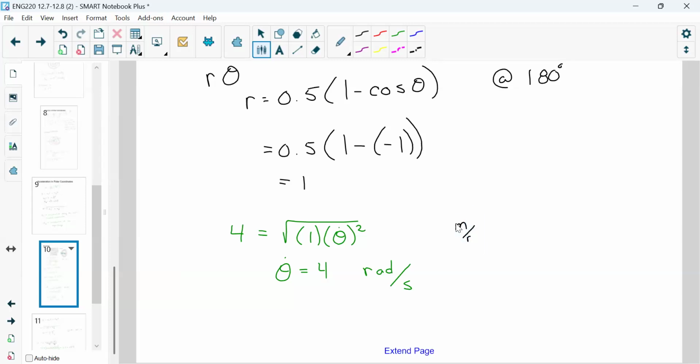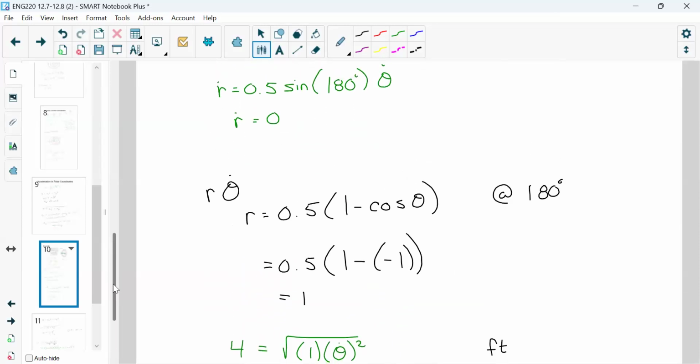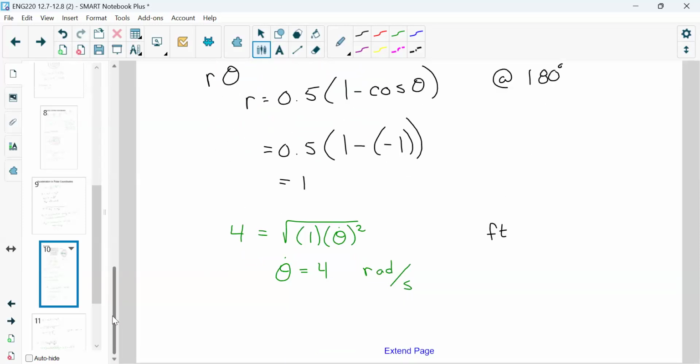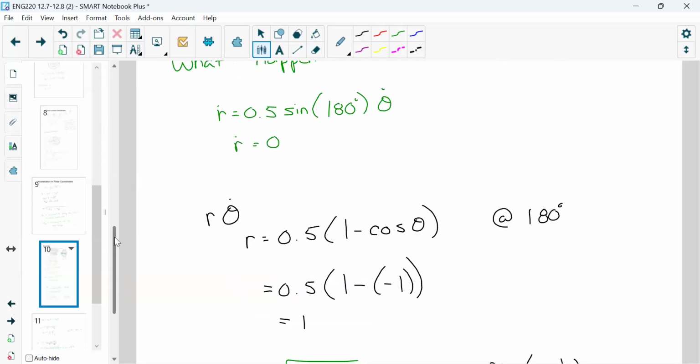Are we working in feet? Yeah, it's feet. Okay, so R is gonna be in feet, and that was a straight R, not an R dot, correct? All right, and then I thought, well, then 4 was feet per second. So then, yeah, radians per second. Are you sure we were in feet? Yeah, it's right.